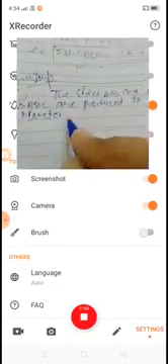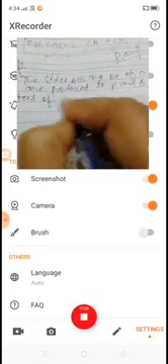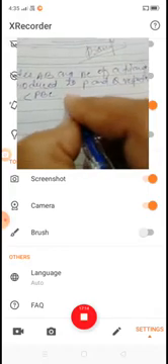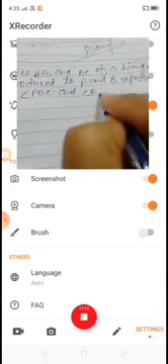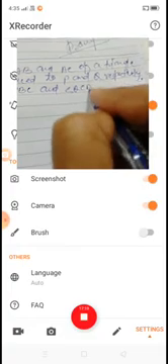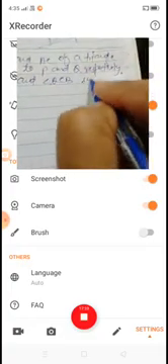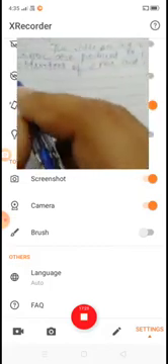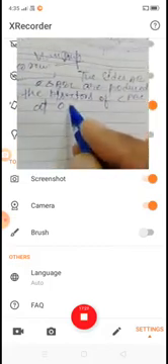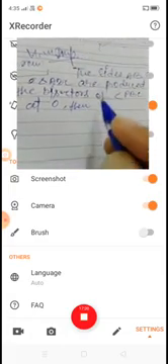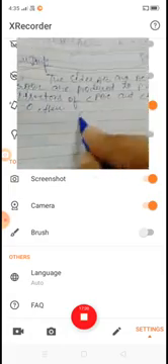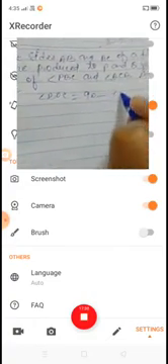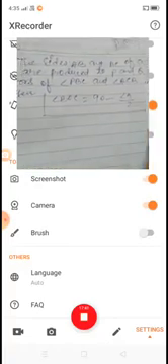If the bisectors of angle PBC and angle QCB intersect at O, then angle BOC is equal to 90 minus angle A by 2.